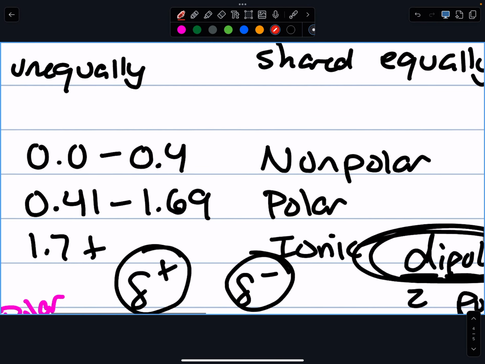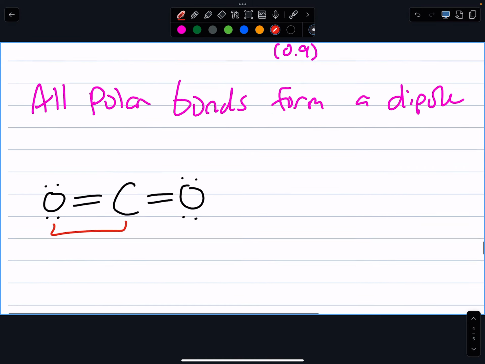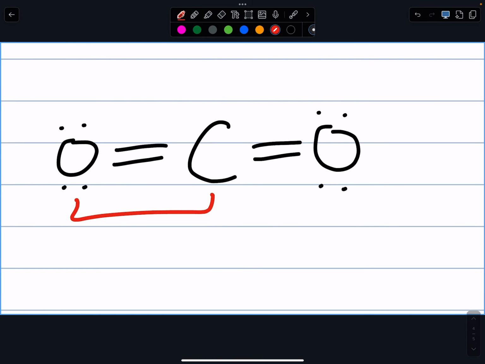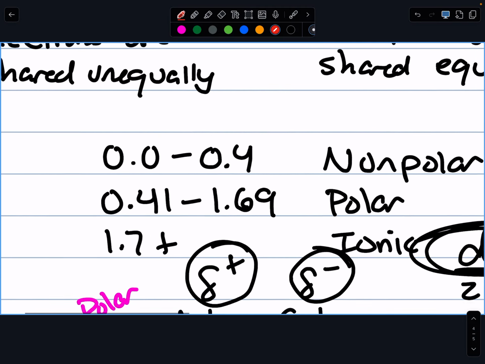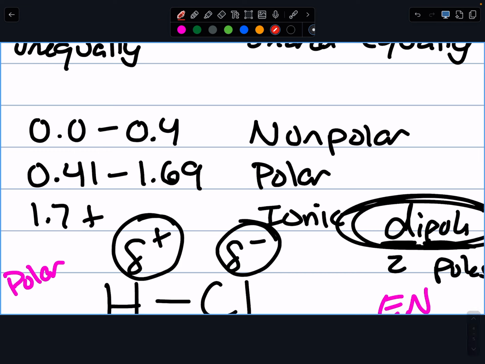Use the table, right? But what do you need? If I told you that oxygen was 3.5 and carbon was 2.5, what would you do? And then? What's the difference? Good. So according to my table, where does 1 fall into this table?